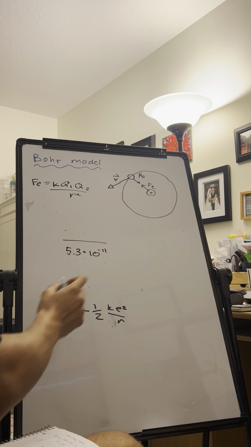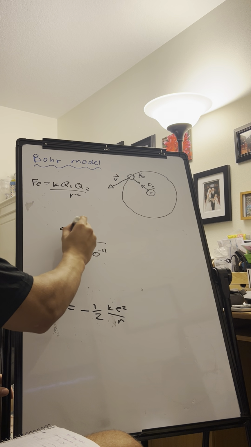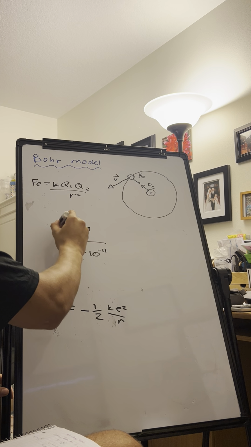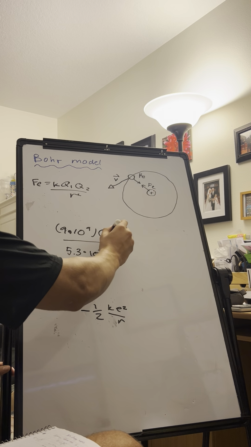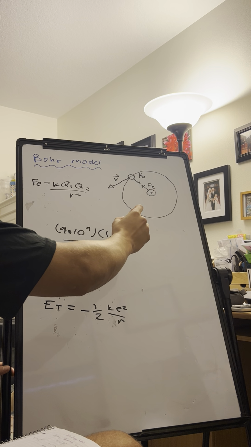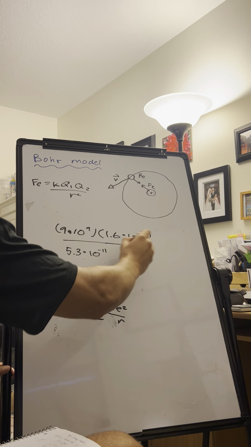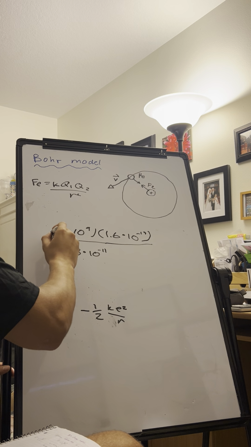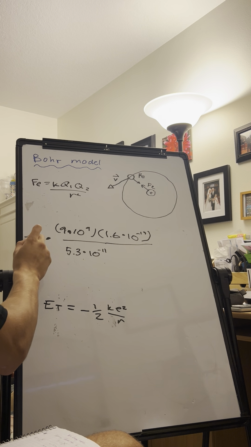And the Coulomb constant, k, is equal to 9 times 10 to the 9. And the charge of a proton or an electron, doesn't matter which one, is equal to 1.6 times 10 to the negative 19. We multiply that by 1/2, because that's the equation, and there's a negative.